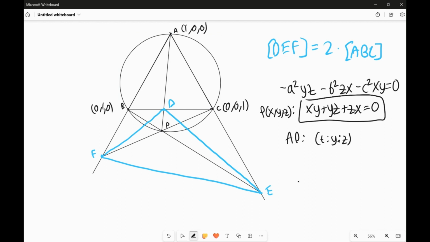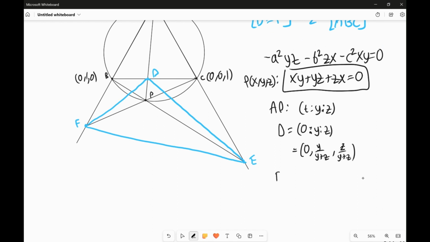So D is equal to (0, y, z). This is homogenized, so we need to rehomogenize it if we want to use an area formula: (0, y over y plus z, z over y plus z). And similarly, E is equal to (x over x plus z, 0, z over x plus z), and F is equal to (x over x plus y, y over x plus y, 0).